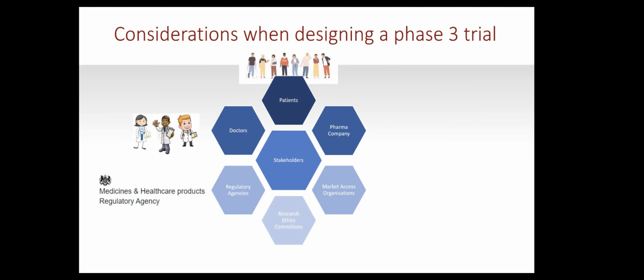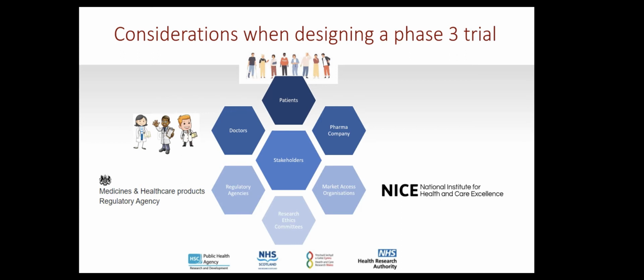We have research ethics committees. Now, the purpose of these is to safeguard the rights and the safety and the well-being of patients in the study. And ultimately as well, for phase 3 studies, we have market access organisations, such as in the UK, NICE, the National Institute of Health and Care Excellence.